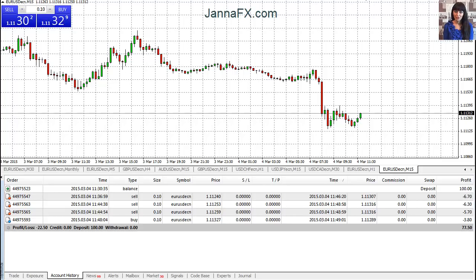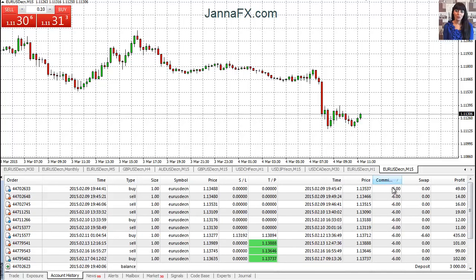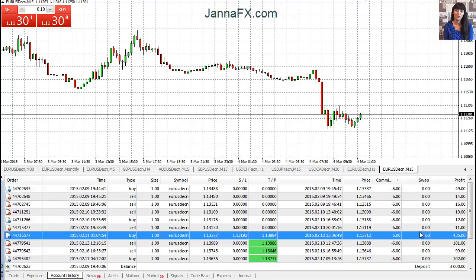If you trade on a pro account, you can see the commission will be here, and here you would see swap, which you also need to know, because many don't understand where it comes from. What is it?